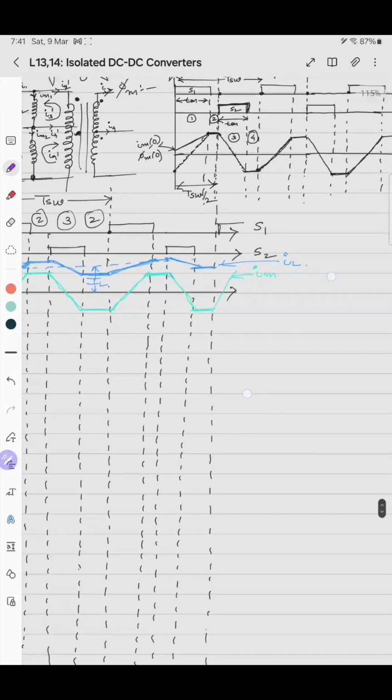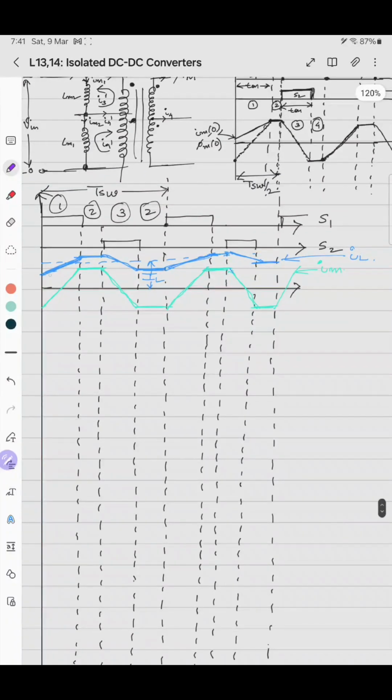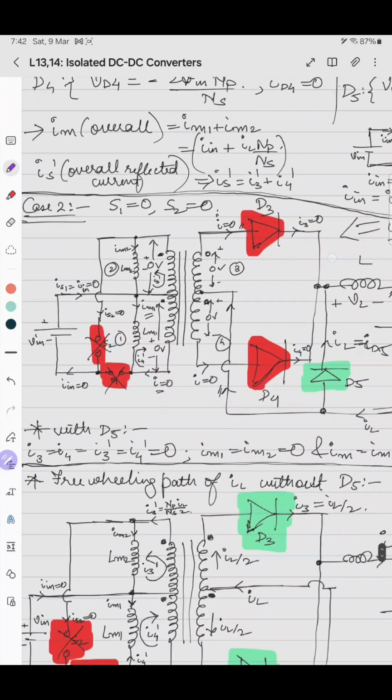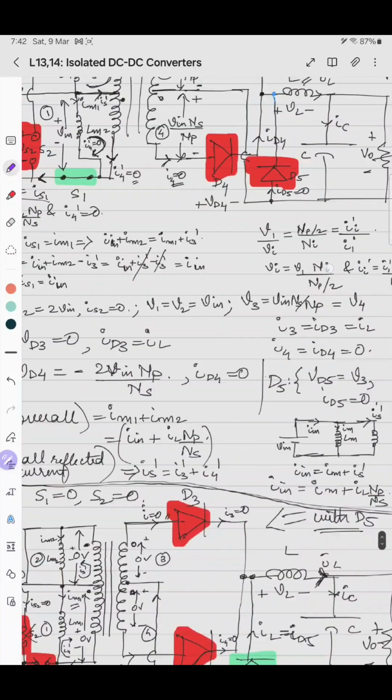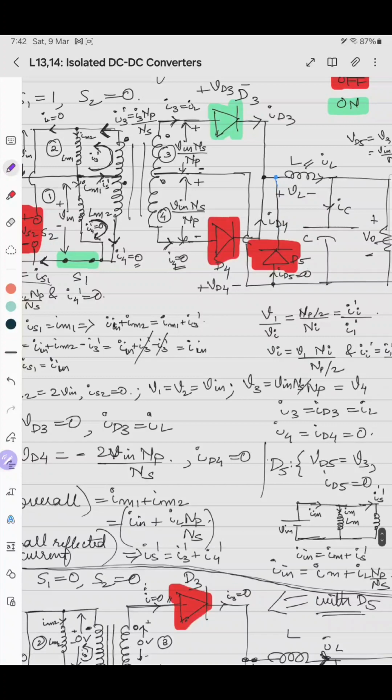It will be negative, and again positive, negative, positive. Sorry, in case 1 it is V in into NS by NP.